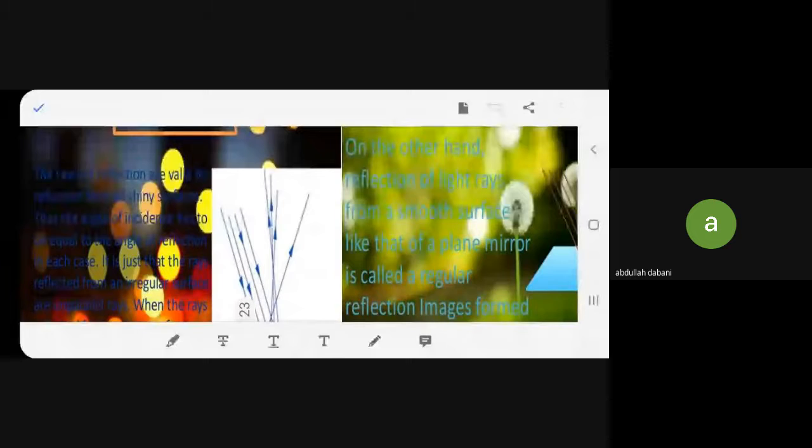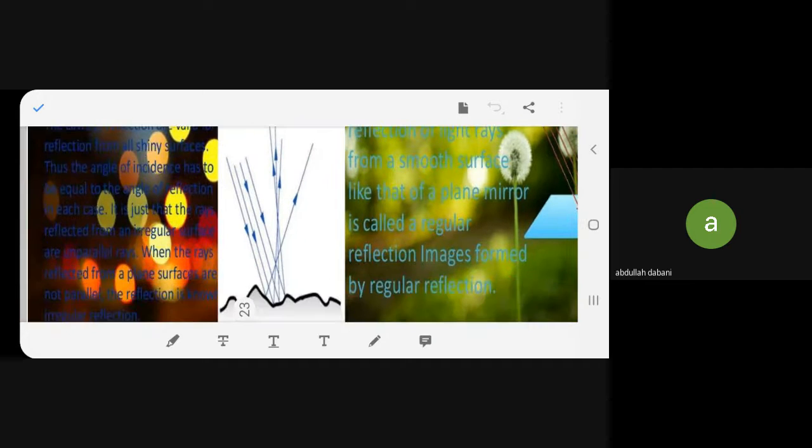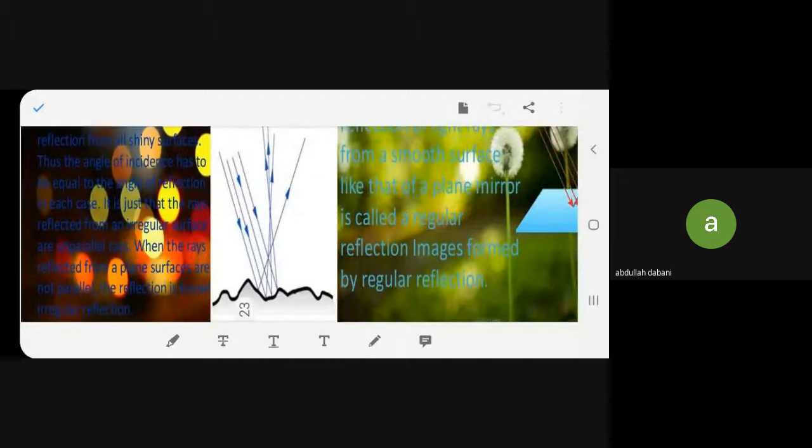Thus, the angle of incidence has to be equal to the angle of reflection in each case. It is just that the rays reflected from an irregular surface are not parallel rays.